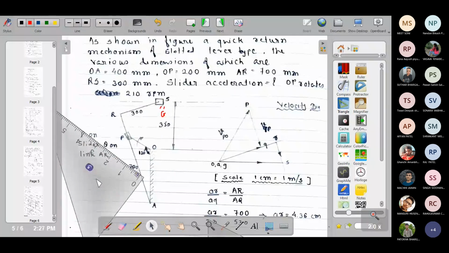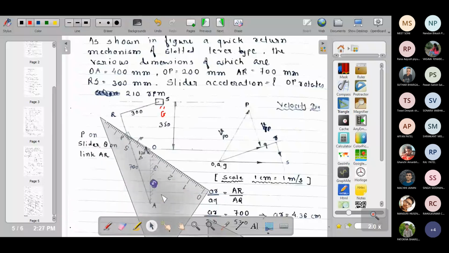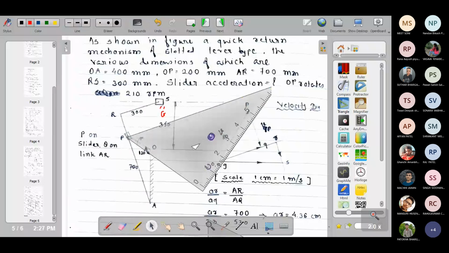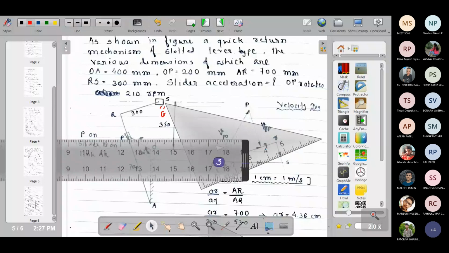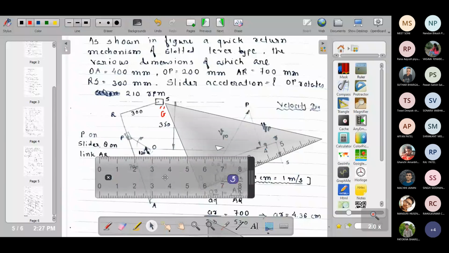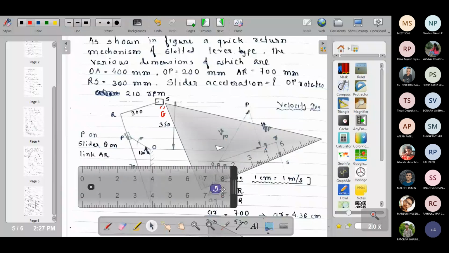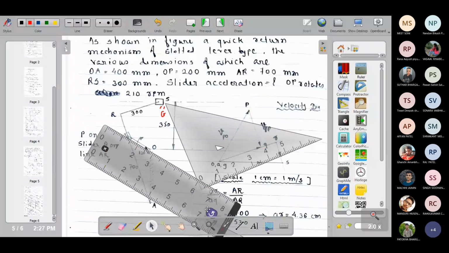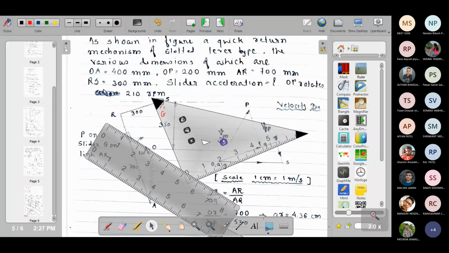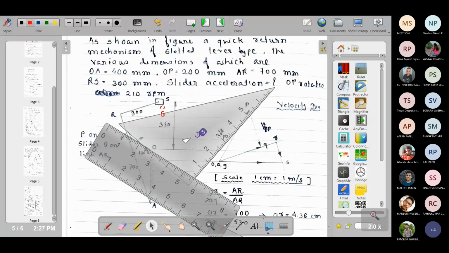So first of all, you need to set your set square, or what you can do is set your scale first. That way it is easy. Align the scale with the line you want to make perpendicular to.